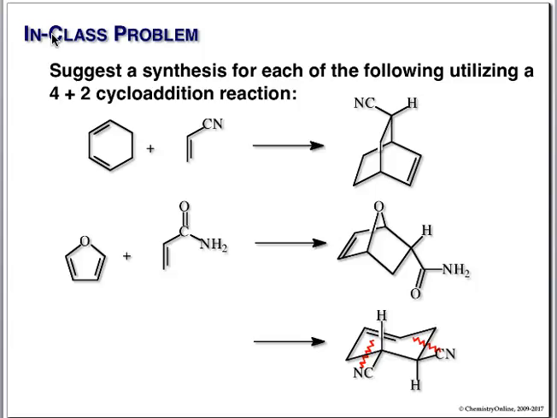We have one nitrile group down, the other one pointing up. Are these cis or trans? Down and up, they're opposite sides of the ring plane. They are trans. Now because stereochemistry is preserved, this must be a trans dienophile.